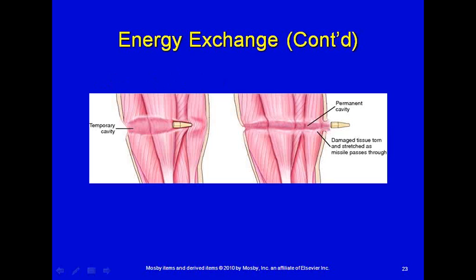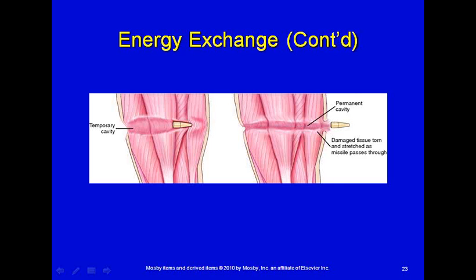Here's an example of a temporary cavity as the projectile travels through the body. A temporary cavity is created, but when it is complete, when it's done, there remains a much smaller cavity. The cavitation that occurs with a projectile depends on the speed of the projectile.